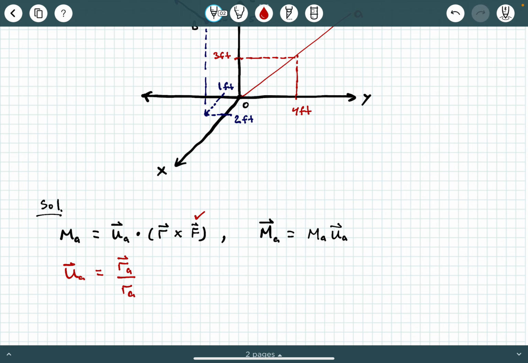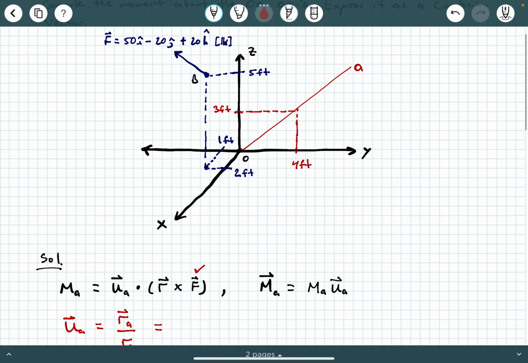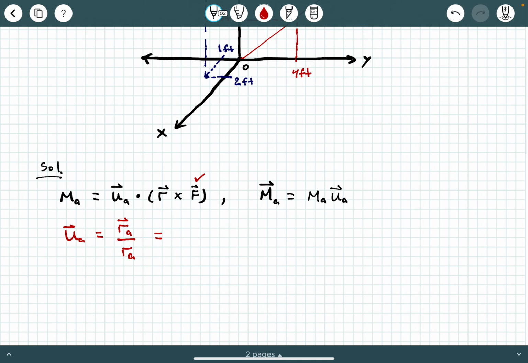Okay, so we should be pretty familiar with how to do this at this point. This is a planar axis. We said it's in the YZ plane. So what we're going to do is say this is 4j plus 3k, and of course that's in units of feet.